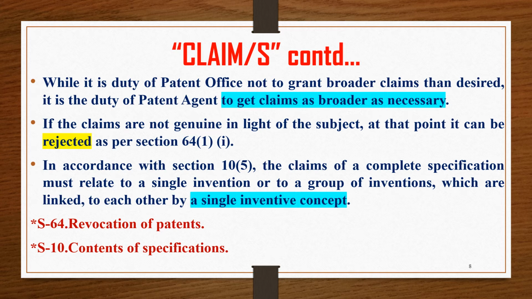This subsection says, just listen carefully: the claim or claims of a complete specification shall relate to a single invention or to a group of inventions linked so as to form a single inventive concept, shall be clear and succinct, and shall be fairly based on the matter disclosed in the specification.